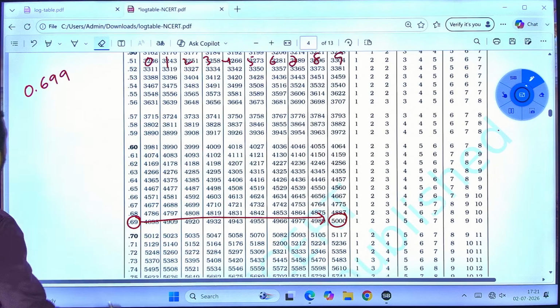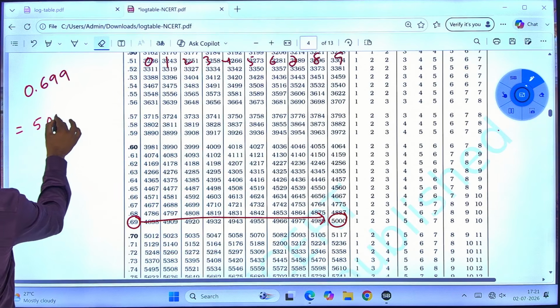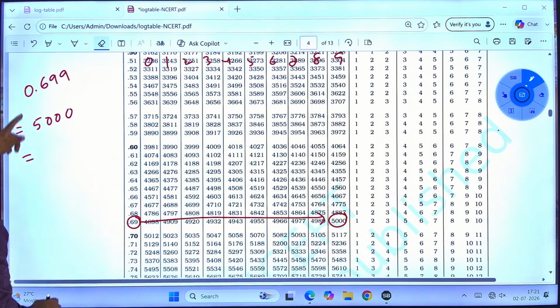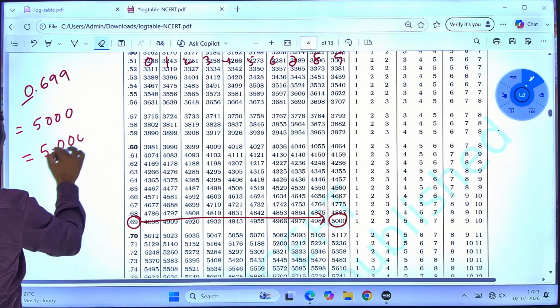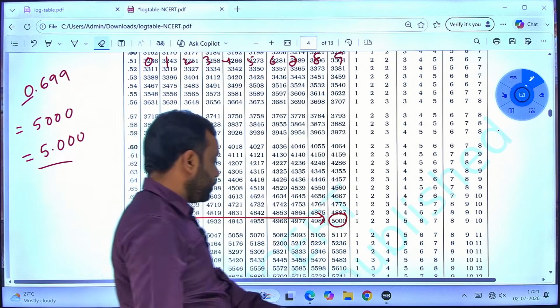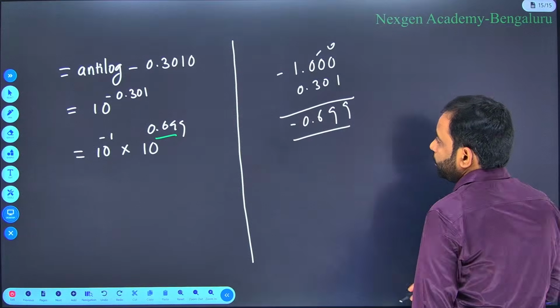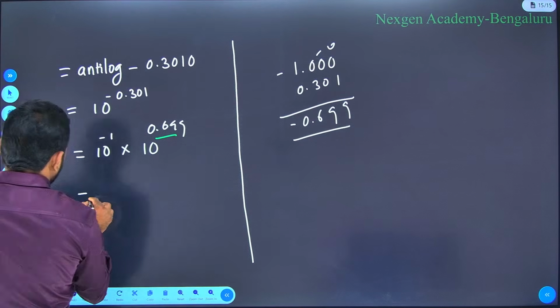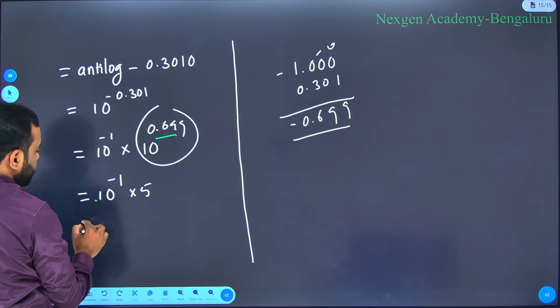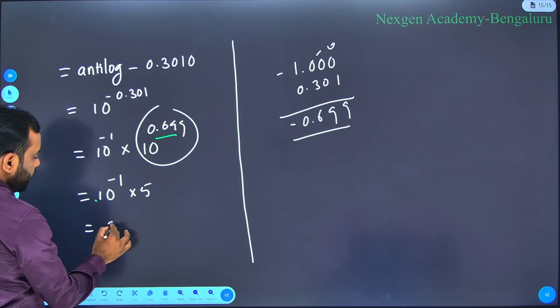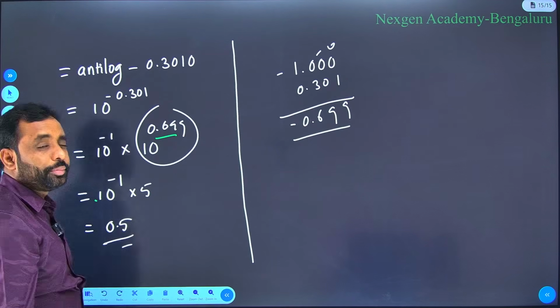So what is the value here? 5000. As I told you, since it is 0 point something, you have to keep the decimal point here, 5 only. So come back to the discussion: 10 to the power of minus 1 into 5. This value is 5. So 5 into 10 to the power of minus 1 means 0.5. This is the answer.